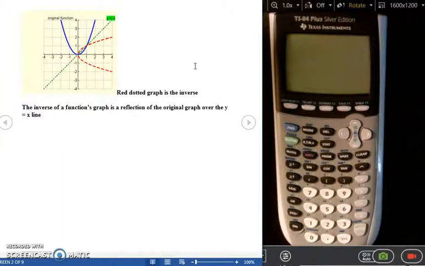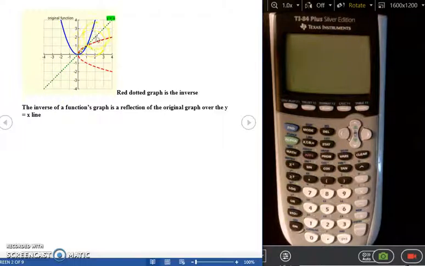Just a little bit of information you're going to need to know to make it easier to answer these questions is that when you have a graph of the original function, which is blue here in this picture, the inverse of that function's graph, the red dotted graph here, is a reflection over this green dotted line, which is y equals x.